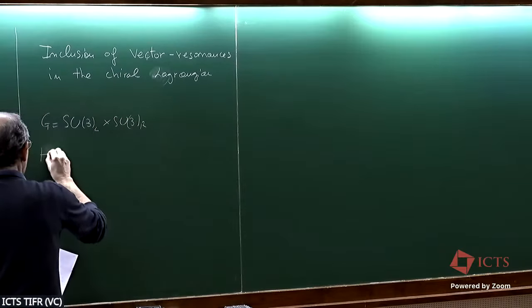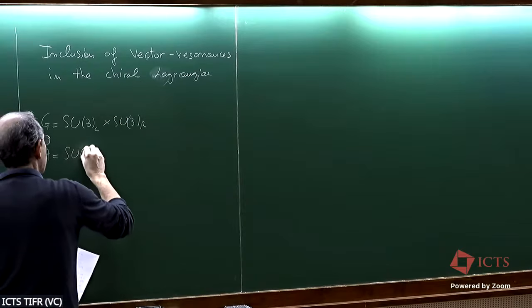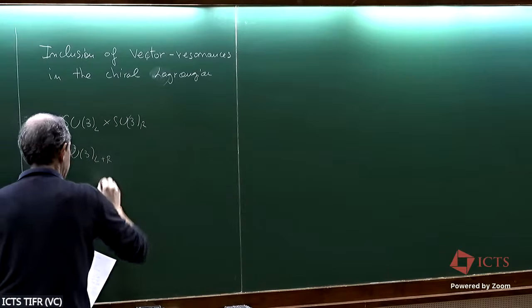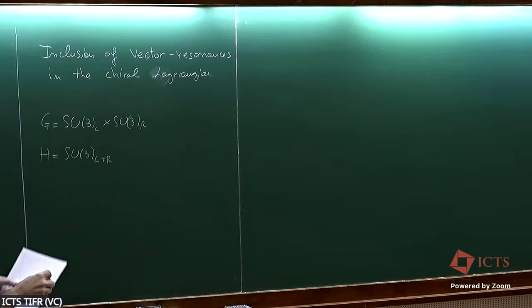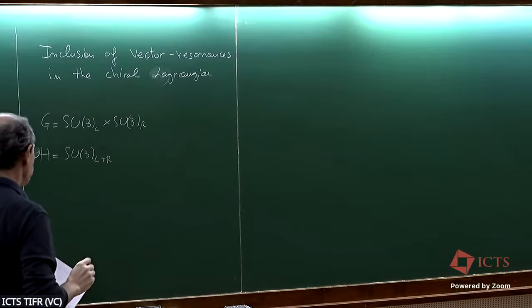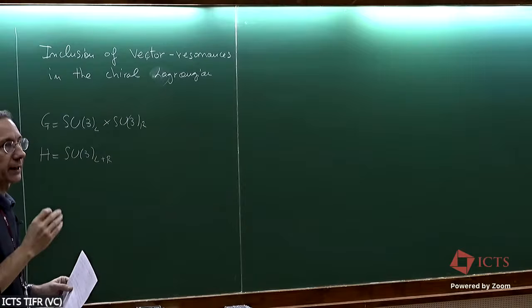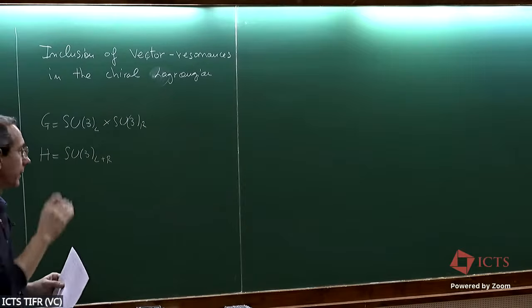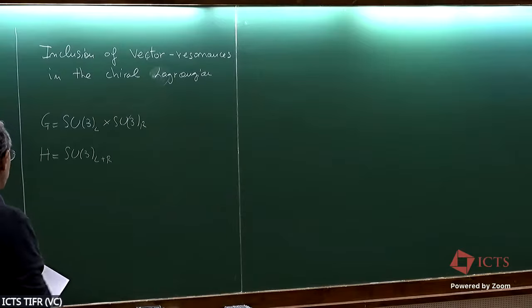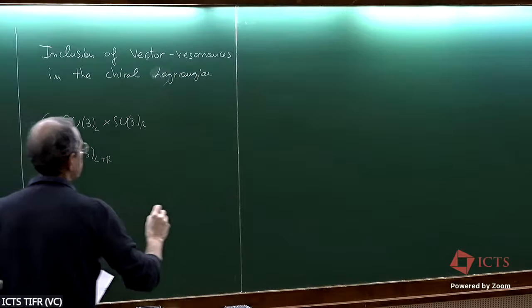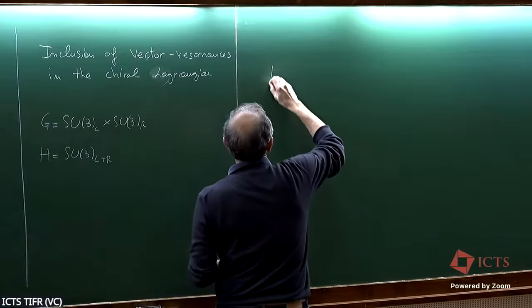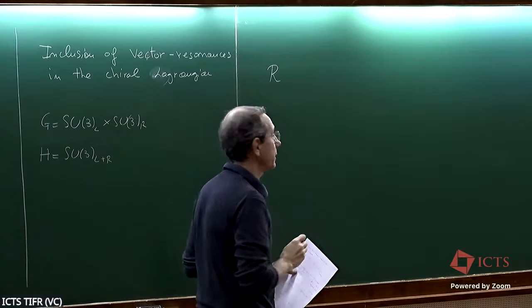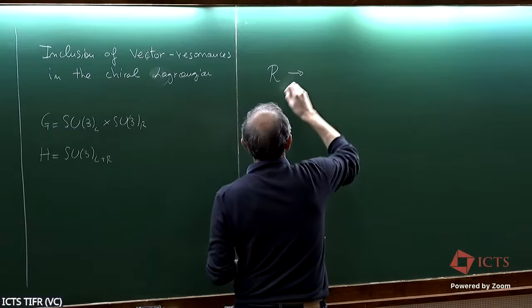My unbroken subgroup is, on the other hand, this one. And I know how the resonances transform. In particular, I'm interested in including an octet of resonances. The vector resonances, the rho, the K star, the omega and the phi, form an octet plus a singlet. So if I have a generic field R, the field of the resonance, it will transform as an octet.